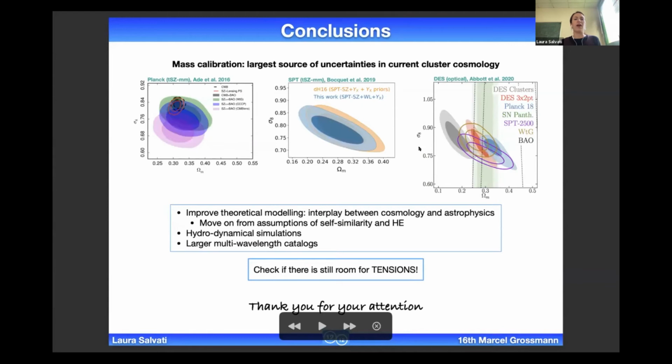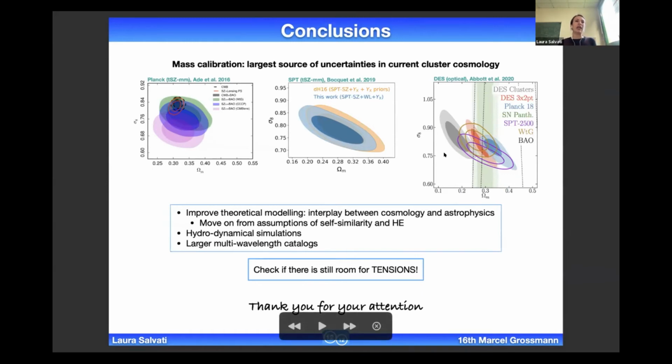Of course, we expect to have in the present and in the near future lots of other observations of clusters in different wavelengths. So it's really an exciting era for cluster cosmology, but we know that we really need to improve this mass calibration. One of the points is to improve the theoretical modeling, so maybe move on from all these assumptions that we are making of self-similarity and hydrostatic equilibrium, and try to model better the interplay between astrophysics and cosmology in the cluster evolution.